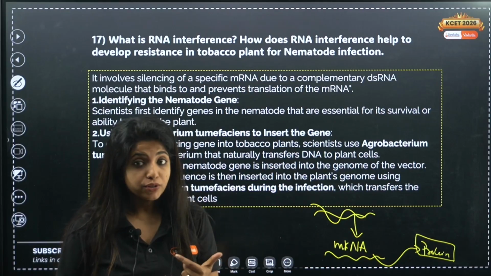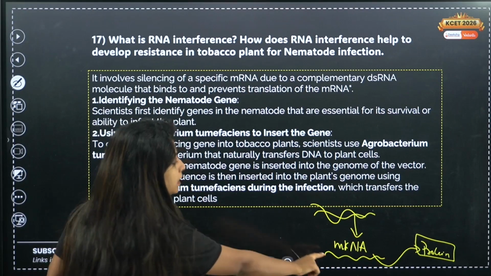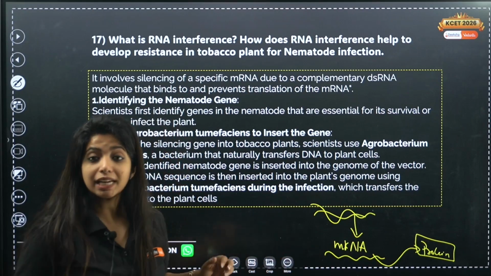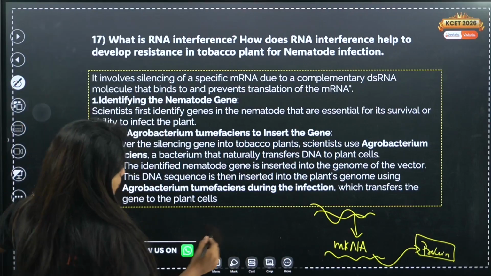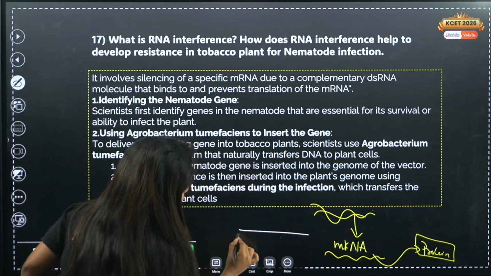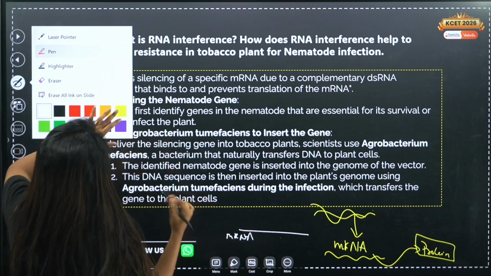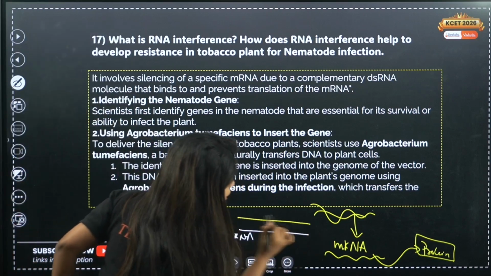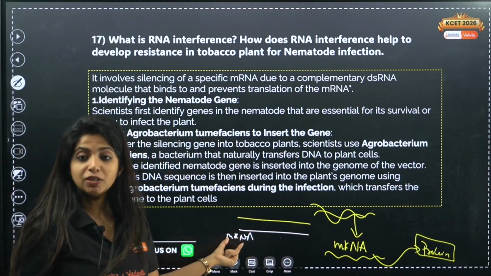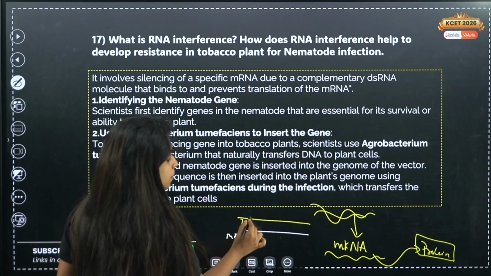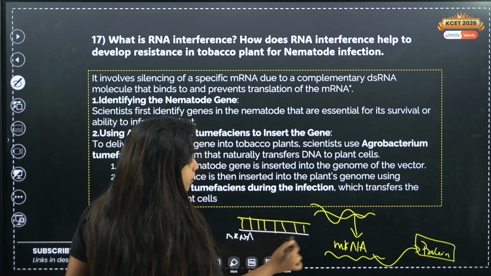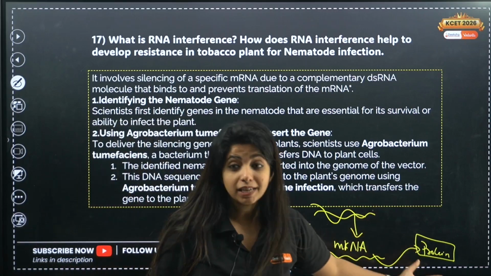Now suppose you only think, I am interfering with this mRNA's work in some way. Basically, this mRNA which is there, suppose I am giving a complementary RNA over here. Do you think this mRNA will be single-stranded anymore? No, it will become double-stranded. Now, if it is double-stranded, do you think it can still make the protein?